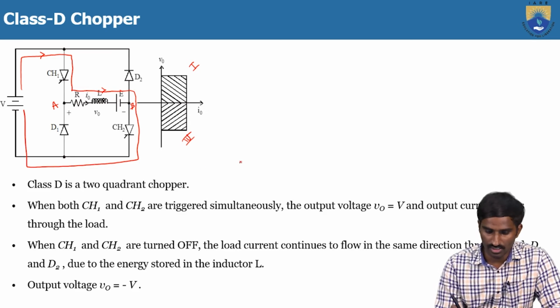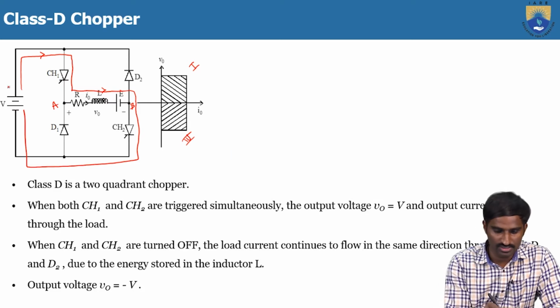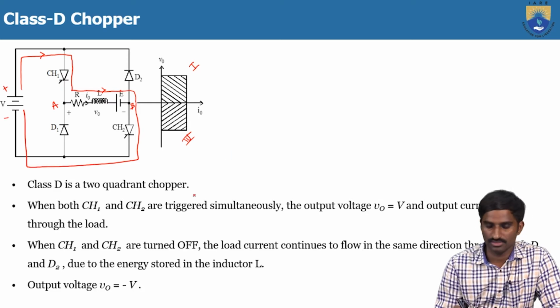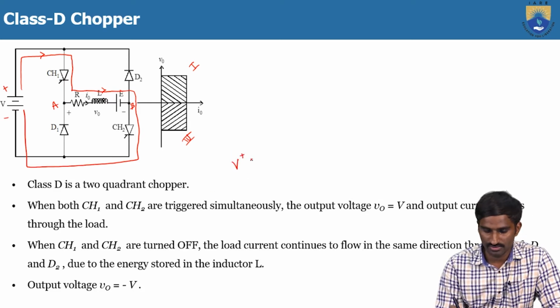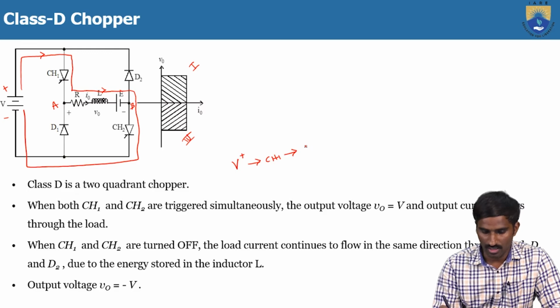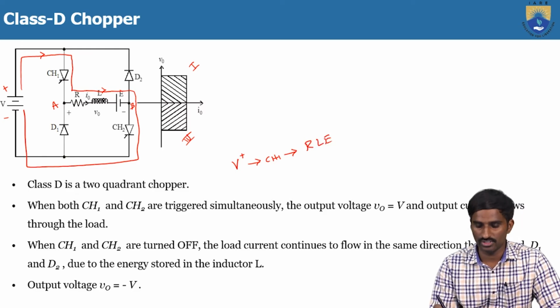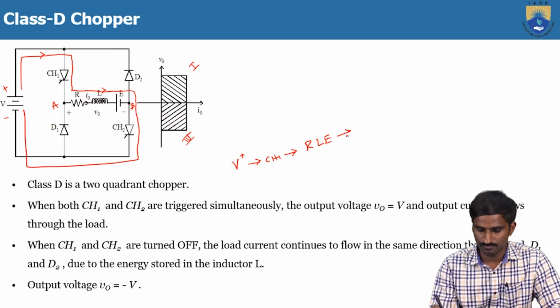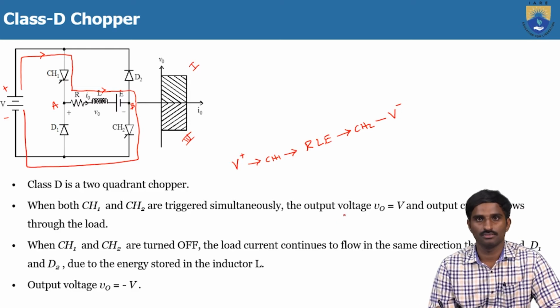Let me consider plus and minus here. The flow is from V plus to CH1 to the RLE load, to CH2 and back to V minus.